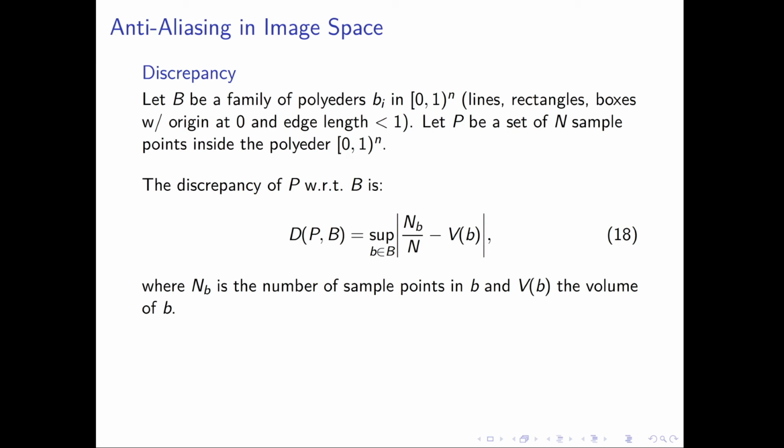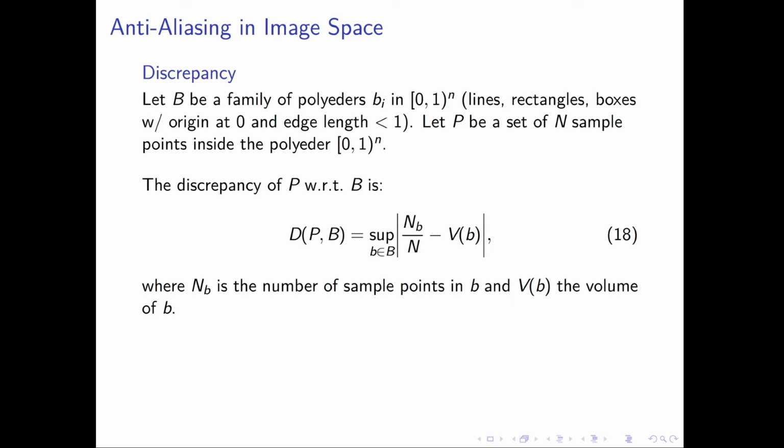In 1D, this would be a line that would range from 0 to somewhere below 1, in 2 dimensions this would be a rectangle like we saw earlier, and in 3 dimensions we would have boxes, and they are centered at the origin and have an edge length that is less than 1. And then we consider a set P of n sample points inside the polyhedron, right?